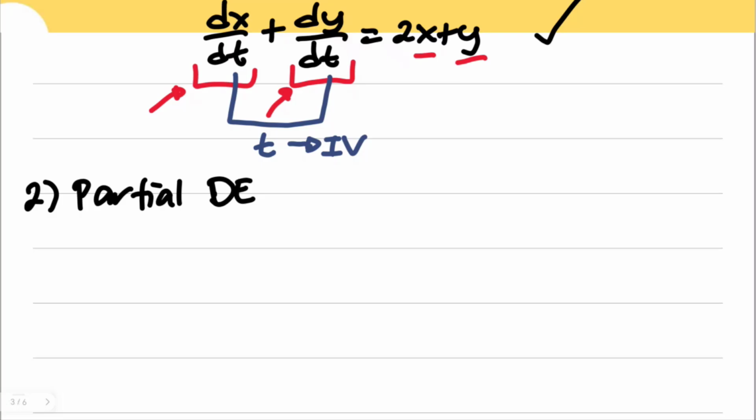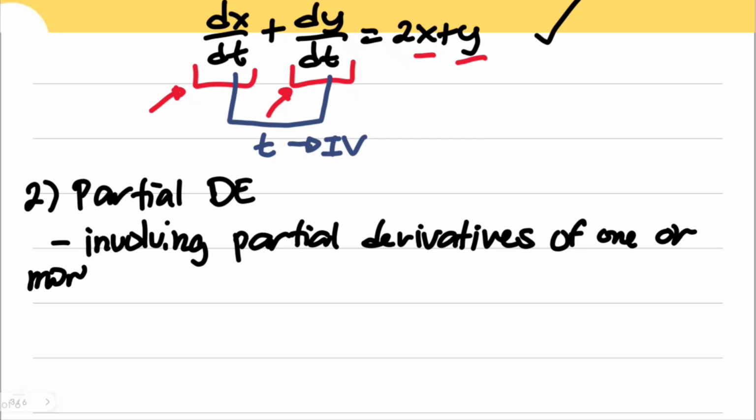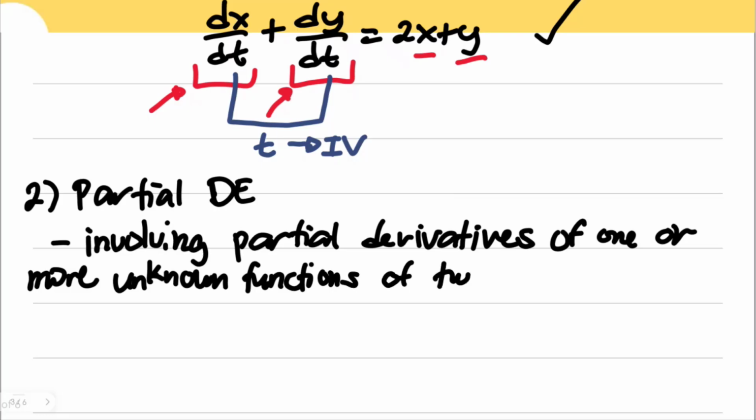Basically, this is an equation involving partial derivatives of one or more unknown functions of two or more independent variables.